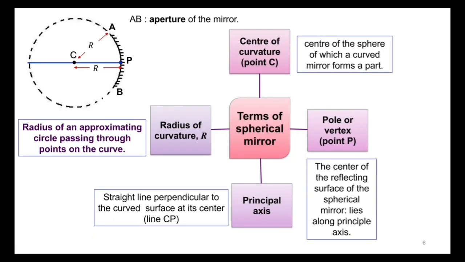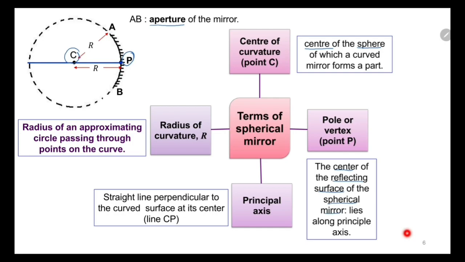Now, look at terms of spherical mirror. Surface AB is the aperture of the mirror. It is part of a sphere. Point C is the center of curvature, which is the center of the sphere of which the curved mirror forms a part. Point P is the pole. Pole is the center of the reflecting surface of the spherical mirror.